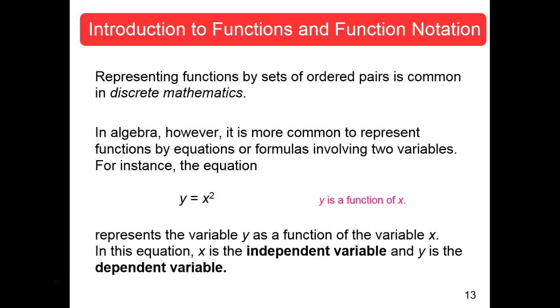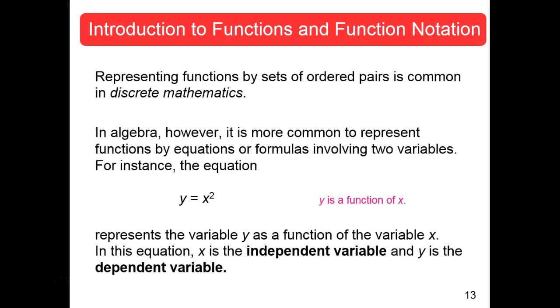You could say positive, except when you square 0, you get 0. That's neither positive or negative. But it's always non-negative. So your range will be from 0 to positive infinity. Your domain, negative infinity to positive infinity. All real numbers for your domain, only the non-negative real numbers for your range.